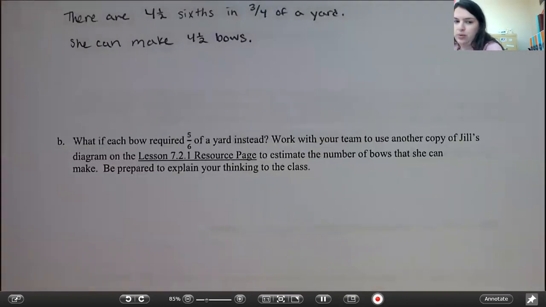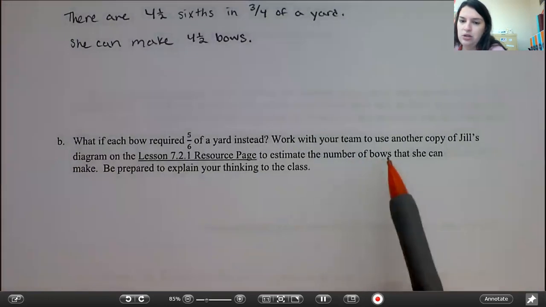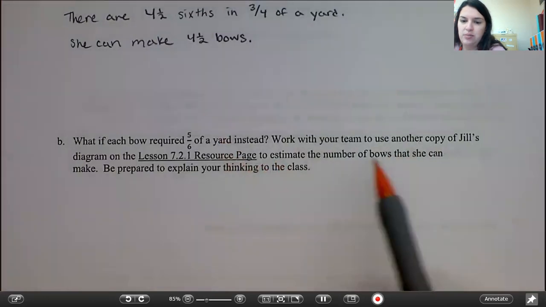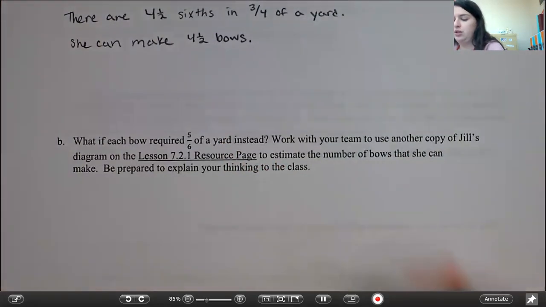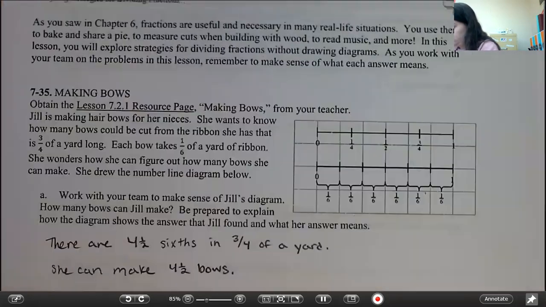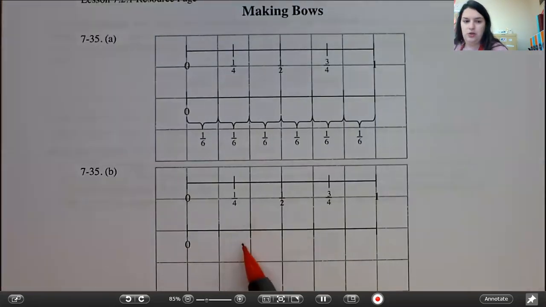Part B says, what if each bow required 5/6 of a yard instead? Work with your team to use another copy of Jill's diagram on the 7.2.1 resource page to estimate the number of bows that she can make. Be prepared to explain your thinking. So now on your resource page, you can use this diagram 7-35B to help you.